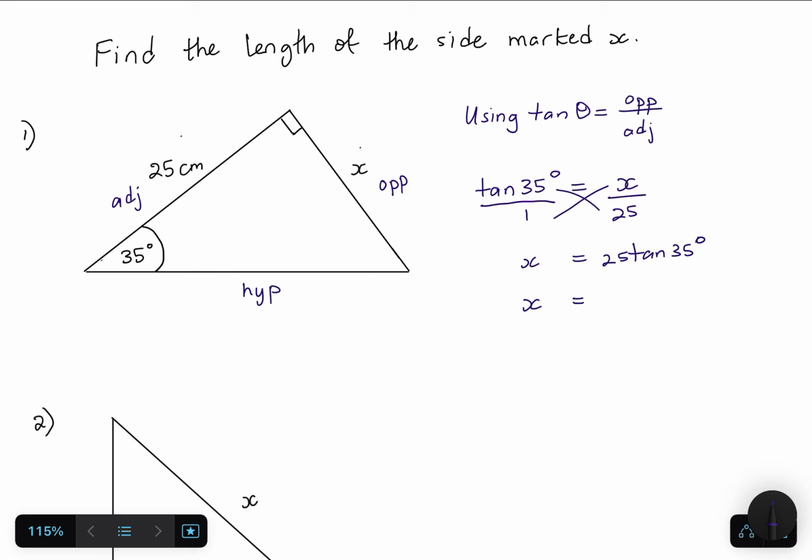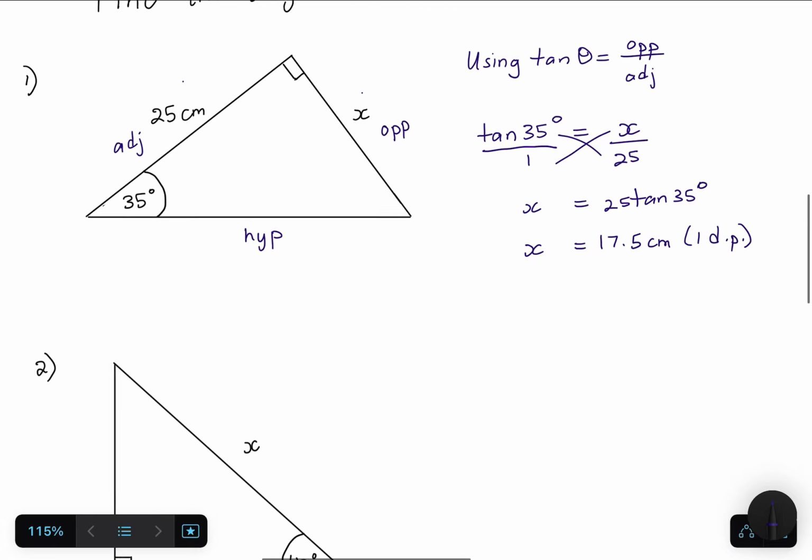So x is equal to, and on your calculator, make sure it is in degrees, you type 25 tan 35 equal, and you're going to get your answer, which is 17.5 centimeters, taken to 1 decimal place, because the full answer is a long decimal, so I just rounded it off. And therefore, the side marked x in triangle 1 is 17.5 centimeters.